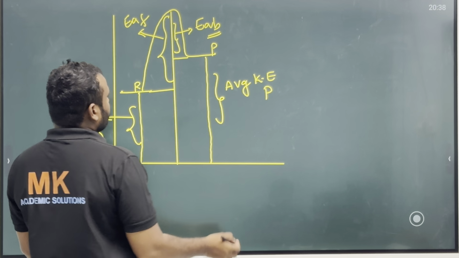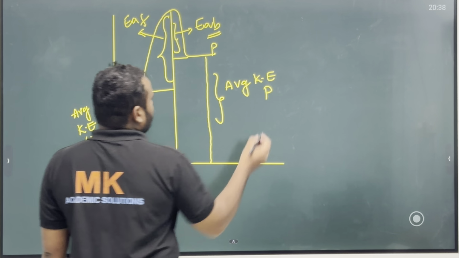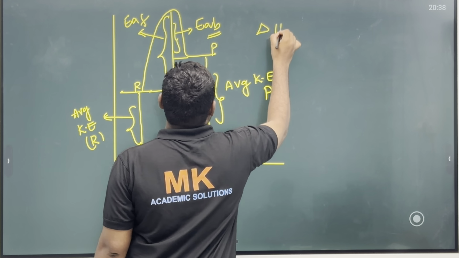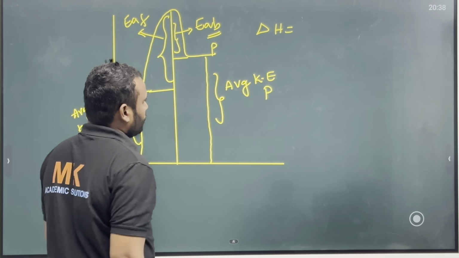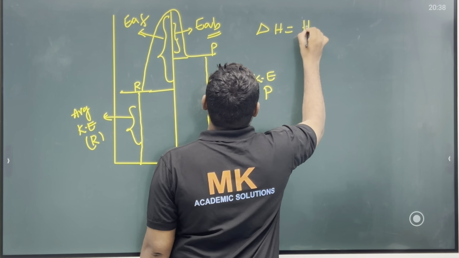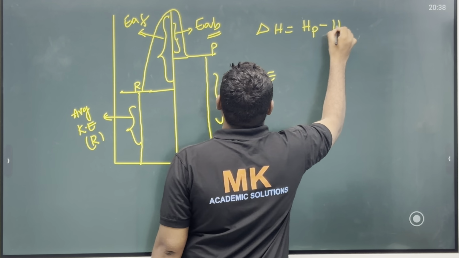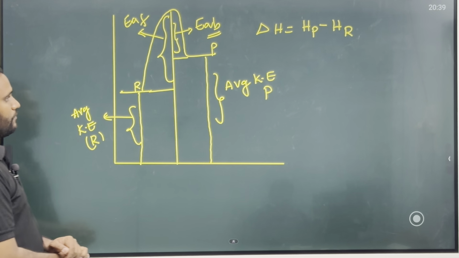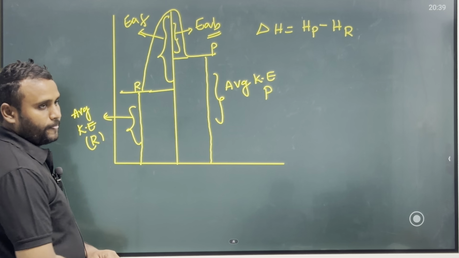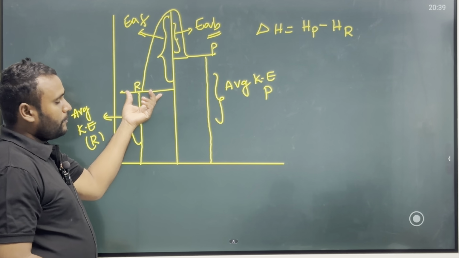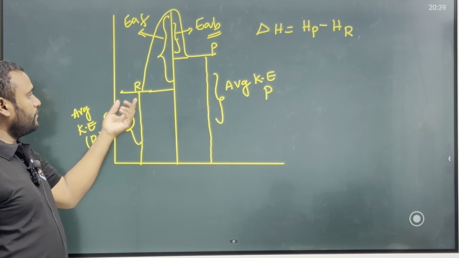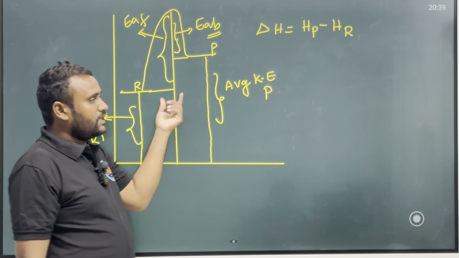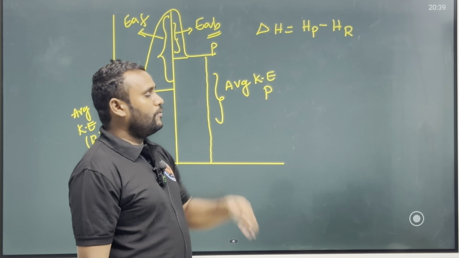Now what is delta H for the forward reaction? Delta H is equal to enthalpy of product minus enthalpy of reactant. In this particular diagram, when you observe carefully, the reactant has less energy and the product has more energy.